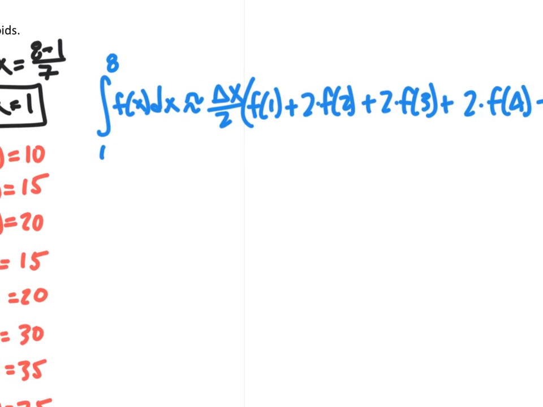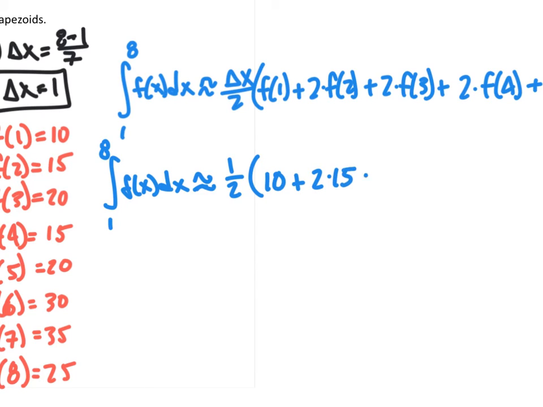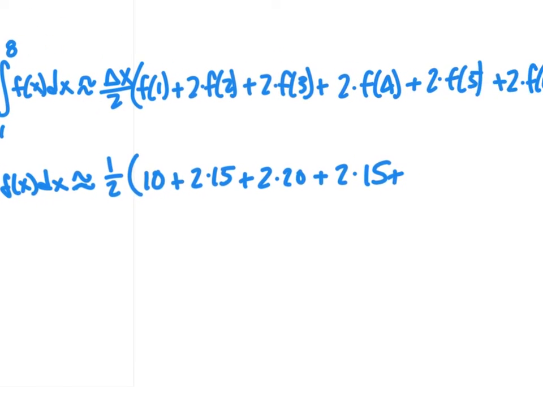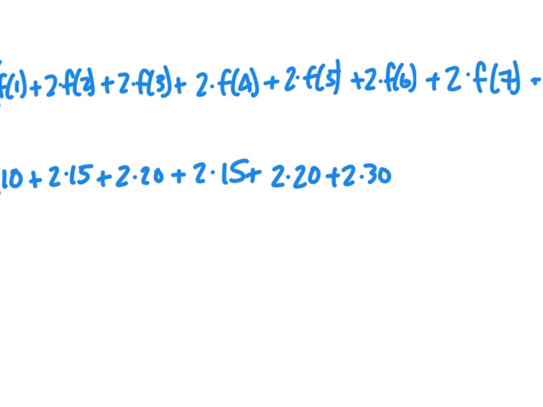So I'm going to come in here and just write down what we've got. The integral from 1 to 8 of f of x dx is approximately, delta x is 1, so 1/2 times f of 1, which is 10, plus 2 times 15 plus 2 times 20 plus 2 times 15 plus 2 times 20 plus 2 times 30 plus 2 times 35, and then plus just 25 after that.